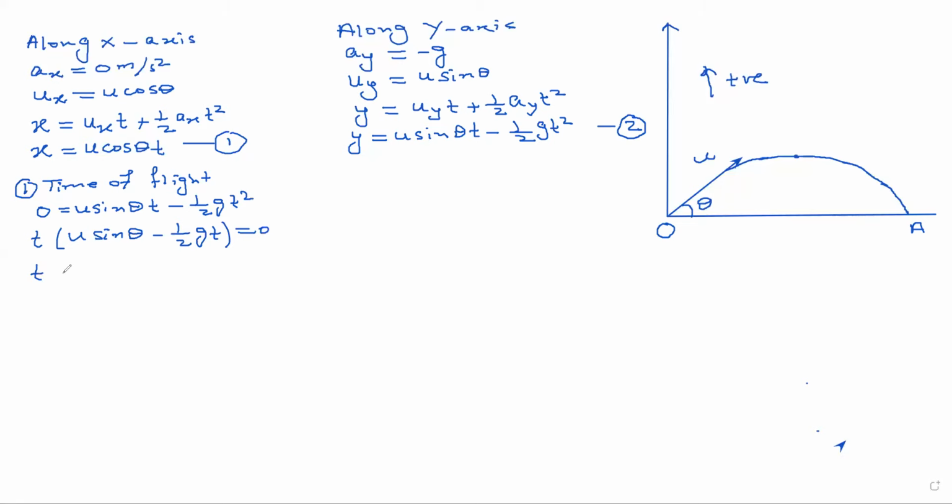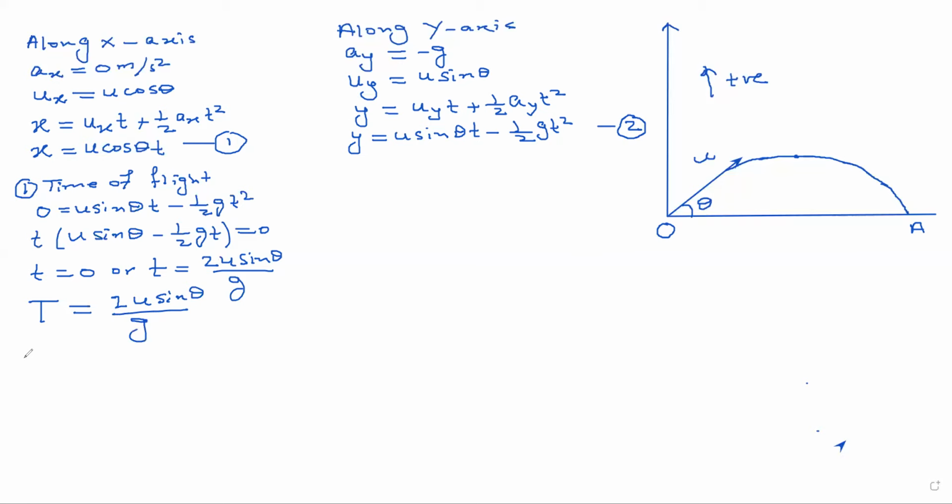From this t is equal to 0 or t is equal to 2u sine theta by g. Now t equal to 0 corresponds to the point O, and t equal to 2u sine theta by g corresponds to the point A. So the time of flight T is 2u sine theta by g.